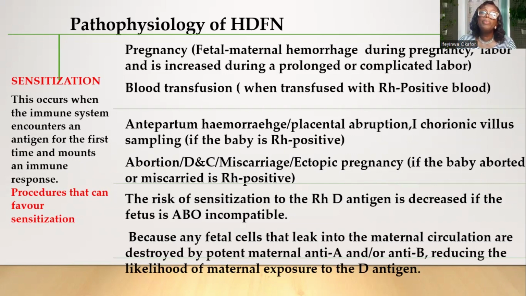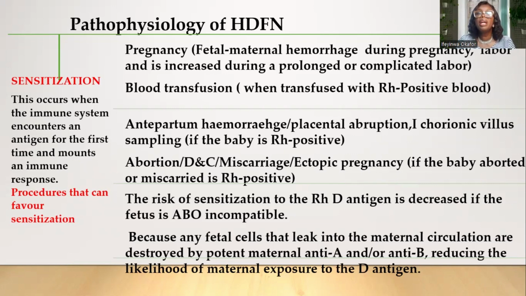That is, if the baby involved in this scenario is Rh positive and the mother is Rh negative, or if the baby has an antigen like antigen K and the antigen is absent in the mother's circulation, or any of the antigens whose antibody can actually cause hemolytic disease of the newborn. Then we have abortion, D&C, miscarriages, and ectopic pregnancy.